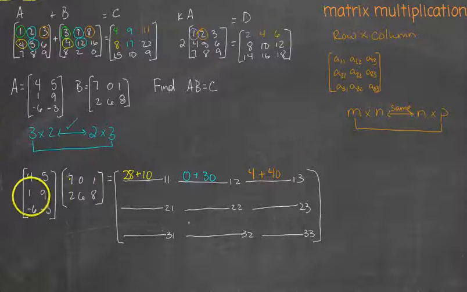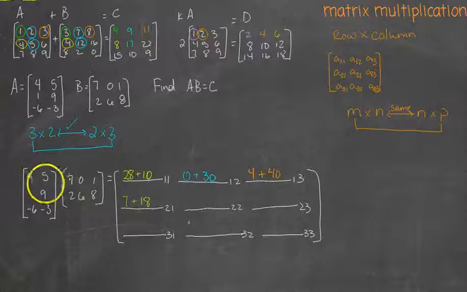Okay, let's move on. Second row, first column. Second row of the first matrix, first column of the second matrix. 2, 1. 1 times 7 plus 9 times 2. Keep going. Second row, second column.